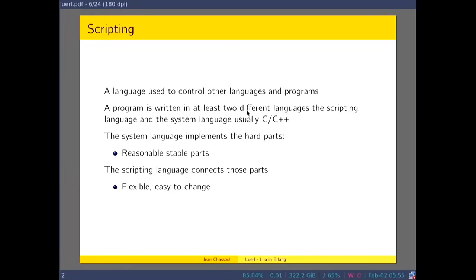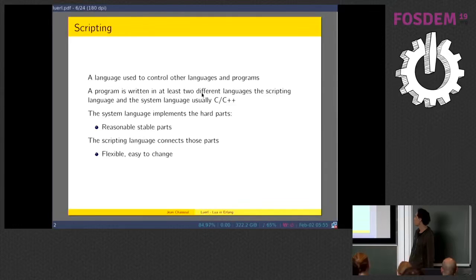You have the system language, which gives you the stable parts of your application, the algorithms and data structures, and you usually use Lua as the scripting language in the flexible and easy parts of your development.